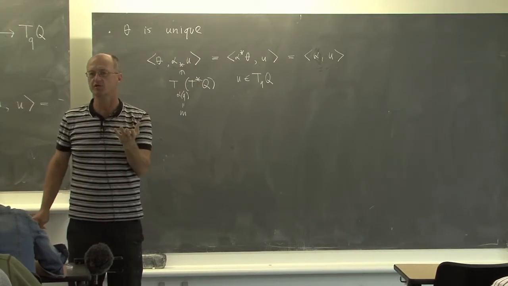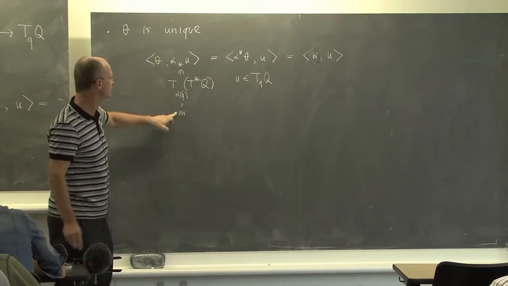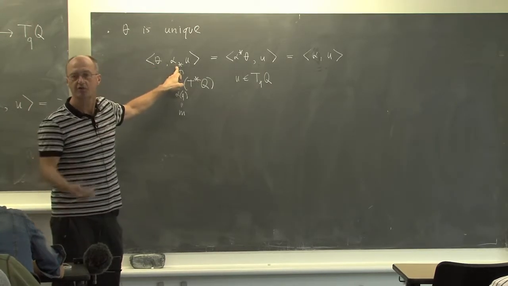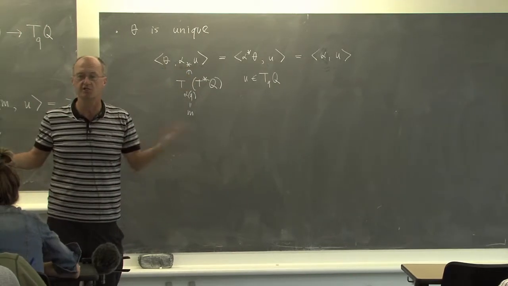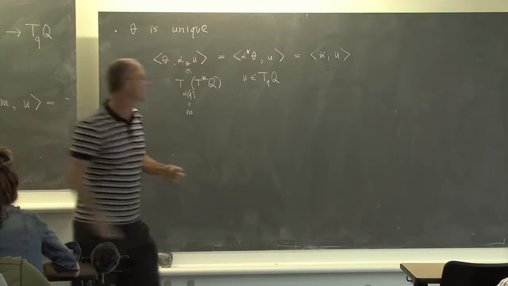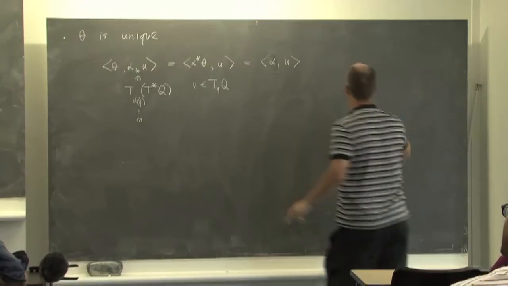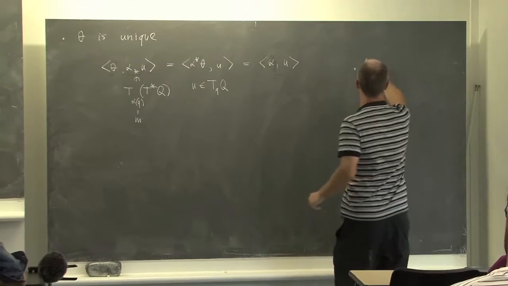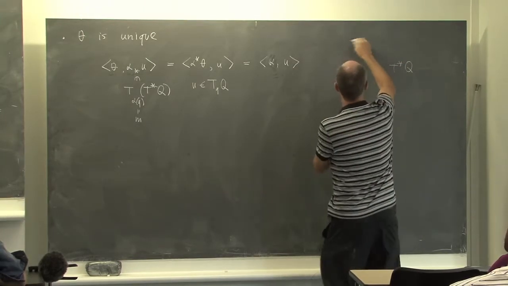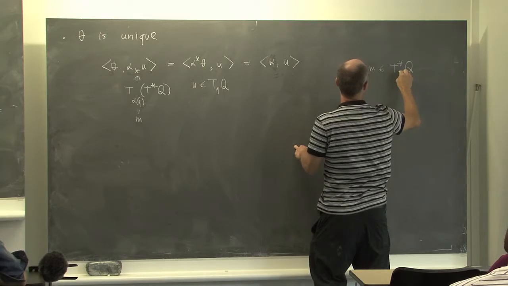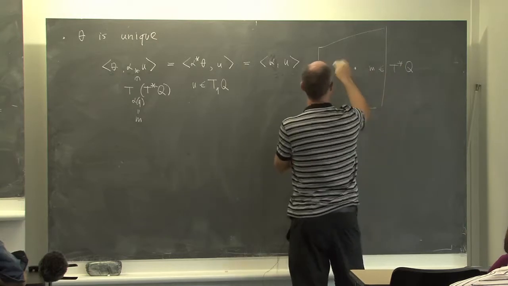So let's imagine geometrically what these vectors are. What kind of vectors can you get as images of all possible alpha star maps, because alpha you choose as you want, right? It's any smooth one form. So let me try to make a picture. Suppose this is a point M in T star Q. So that's the corresponding tangent space.